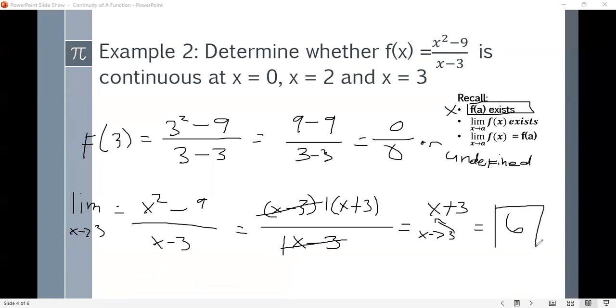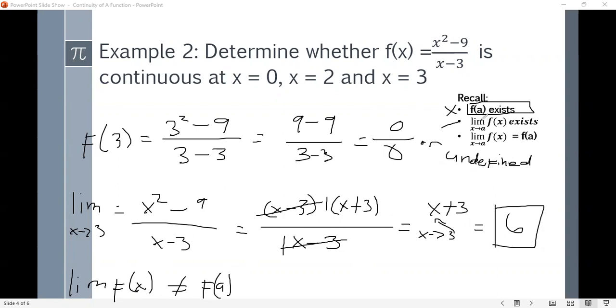So, the limit of x squared minus 9 over x minus 3 as x approaches 3 is equal to 6. Sa ating pong third condition, nag-exist naman si f of x natin. And then sa ating pong last condition, the limit of f of x is not equal po kay f of a.